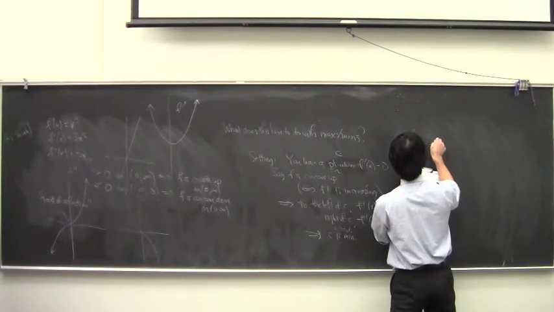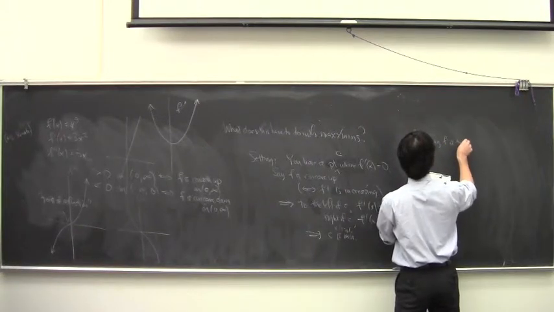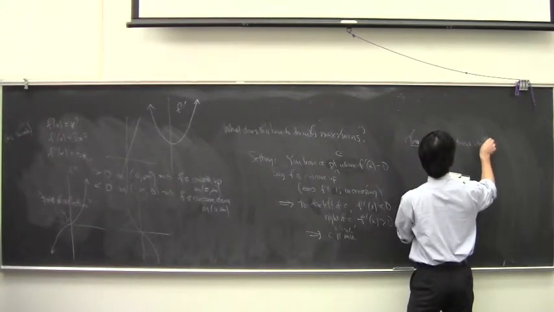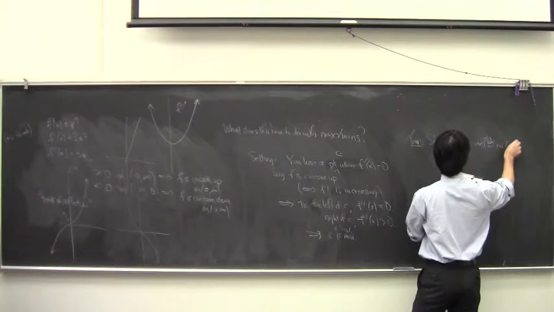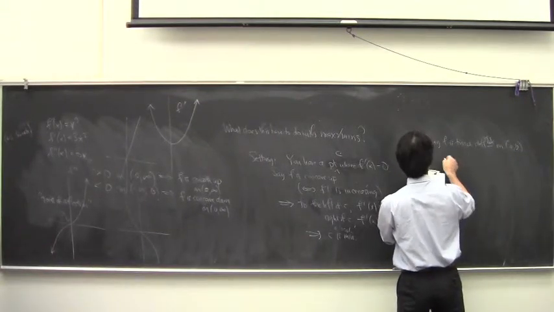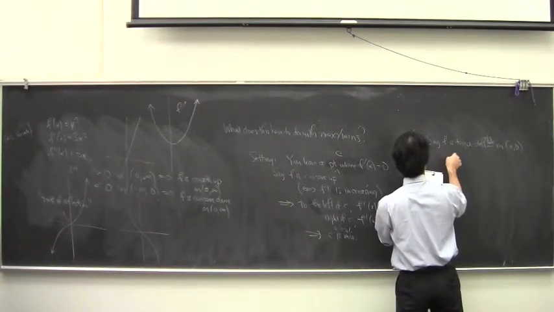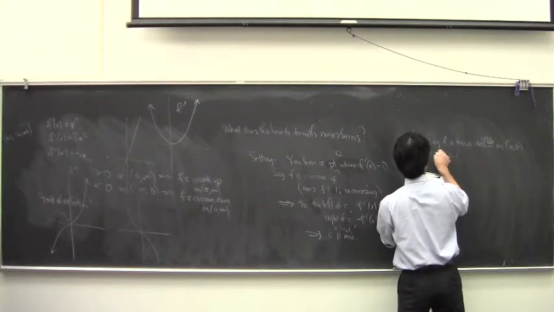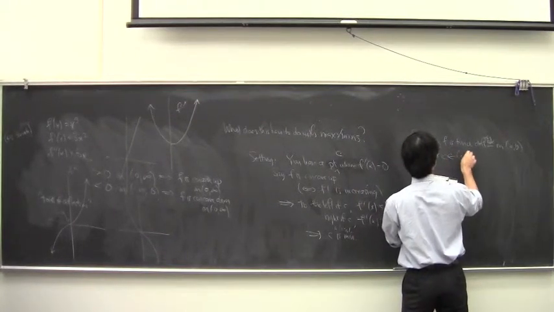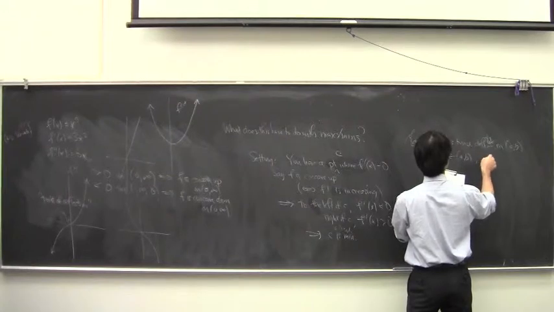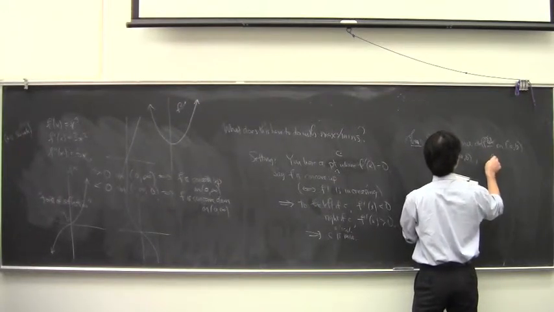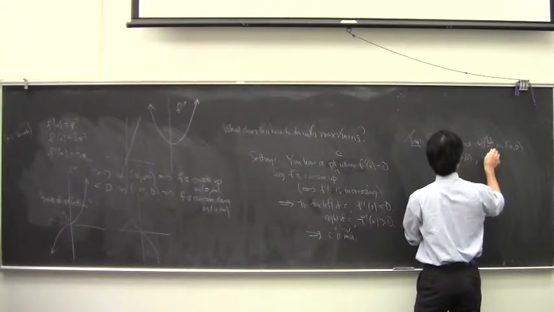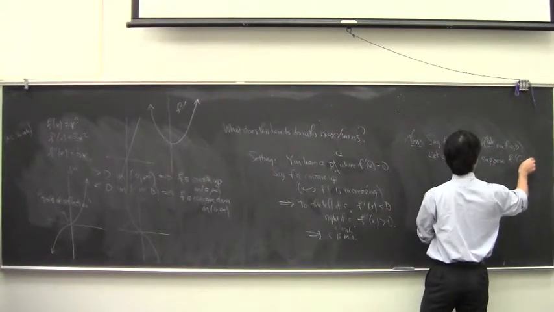So say f is twice differentiable on (a, b), and let C be a point in (a, b), and suppose f prime of C equals 0.